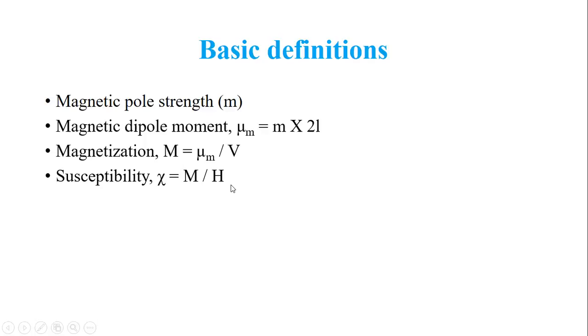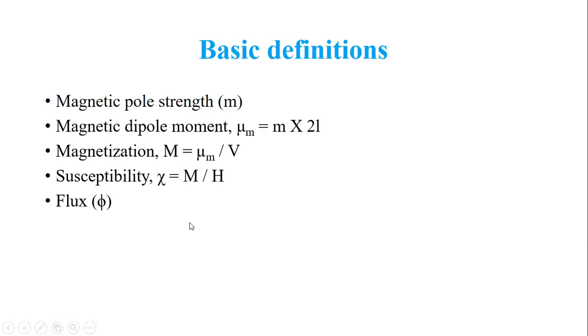Okay. Now, we have a different set of definitions. So these are all one set of definitions leading to the definition of susceptibility. Similarly, we have a different set of definitions leading to the definition of permeability. Later, we try to compare these two things, susceptibility and permeability, at the end of the discussion.